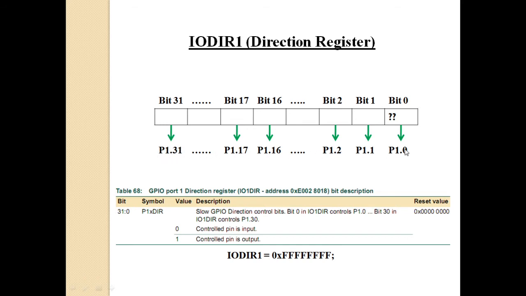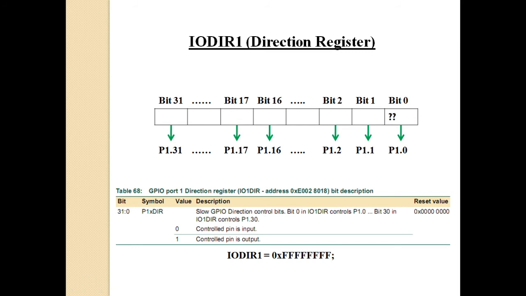So these are the pins which have one-to-one mapping with the IO direction register, right? So by configuring bit 0 of the IO direction register, you can configure the direction of the 0th pin of port 1. Similarly, by configuring bit 31 of the IODIR1 register, you can configure the direction of P1.31, that is the 31st pin of port 1, right?